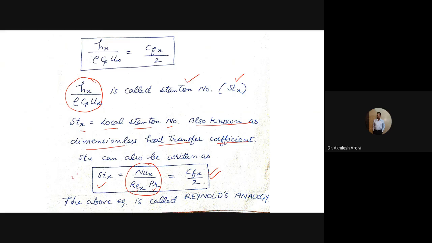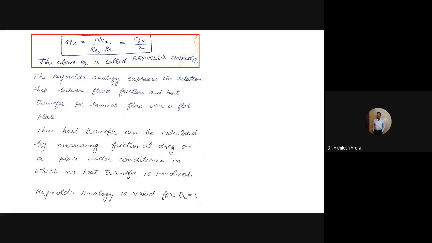This equation which we got right now is known as the Reynolds analogy. What is the reason that we are representing the heat flux and local skin friction coefficient simultaneously in the form of one equation, the Reynolds analogy?